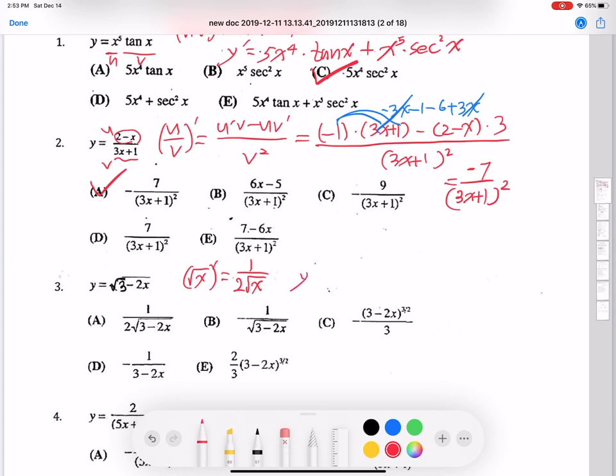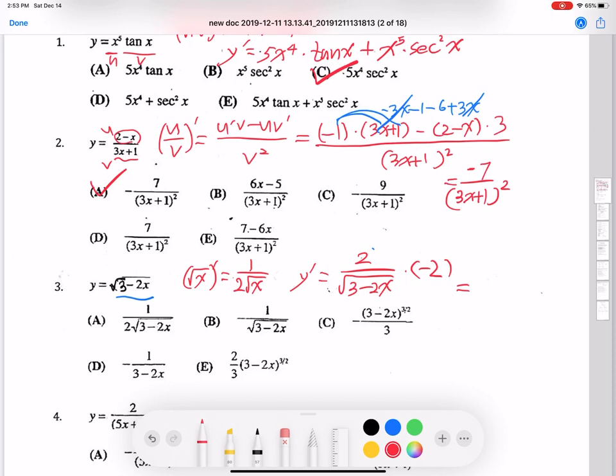So y prime is 1 over 2 square root of 3 minus 2x. But this function has an inside function, which is 3 minus 2x. By the chain rule, we have to multiply it by the inside function's derivative, which is negative 2 in this case.